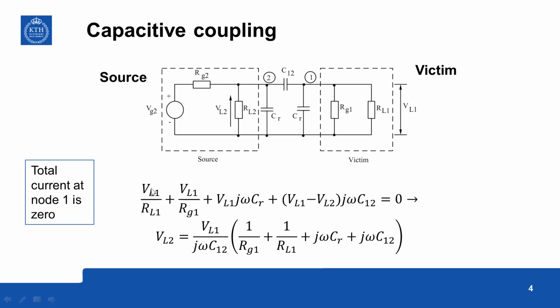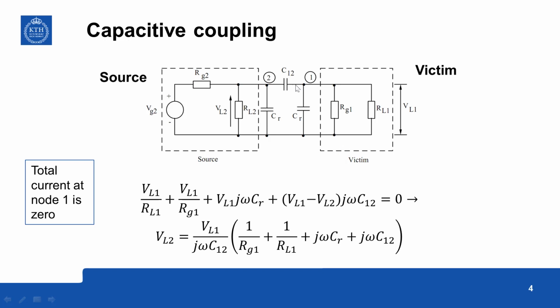So let us do a nodal analysis of this circuit. The total current at node 1 is 0. So we are interested in how much current will be coupled, will be entering into node 1 due to the sources over here. So we write out the node equations and from that find VL2, and here you have VL1.